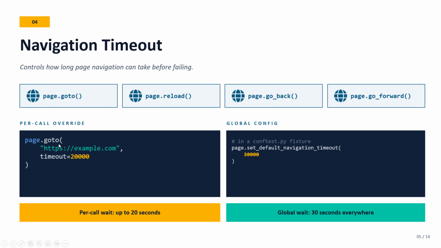So goto is basically for navigation. You can also set it globally in your conftest.py as a fixture. So basically, you can set the default navigation timeout. Now this is a global wait. This will be applicable across every navigation.